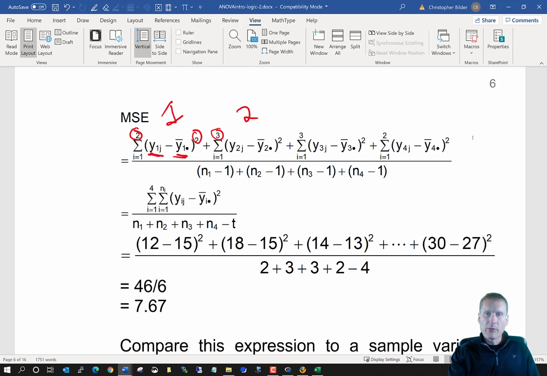Remember, we had 3 observations for design 3. Take that observation, subtract off its mean, square it, add it up. Design 3, design 4. We could then also, to get that average value, we take it divided by the number of observations minus 1 for design 1, number of observations minus 1 for design type number 2, and so on.